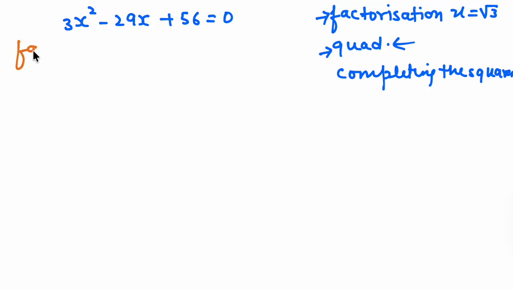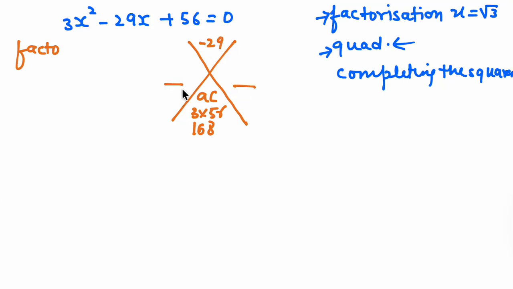Factorization method. So that is the AC method, and here comes the product of AC, which is 3 times 56, which is 168. And here we write the b term, which is negative 29. So we have to find two numbers that, when added, give us negative 29, and when multiplied give 168.